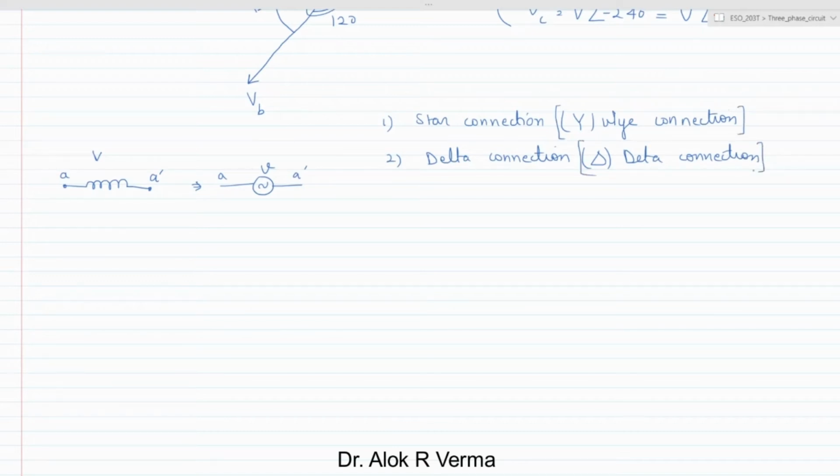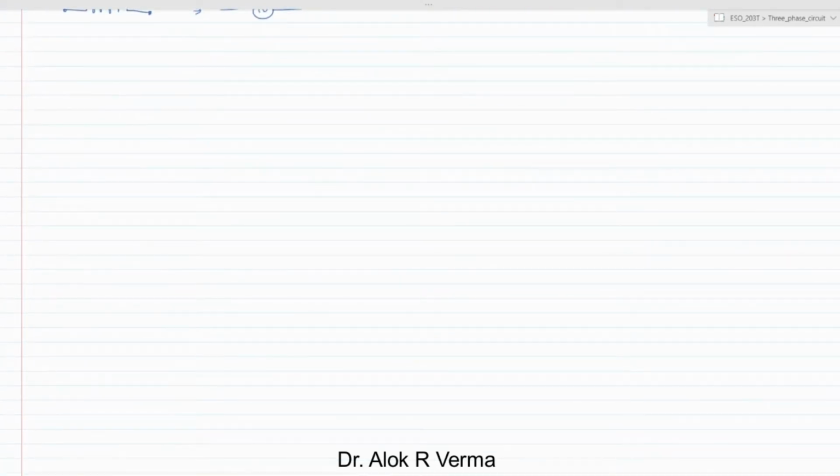Okay, so we'll see one by one how these connections are made and what conditions the sources have to take. When we talk about a Y connection, we have one winding. Suppose we are connecting this way. This is A, which is positive, and A prime, which is negative, just for the sake of representation.